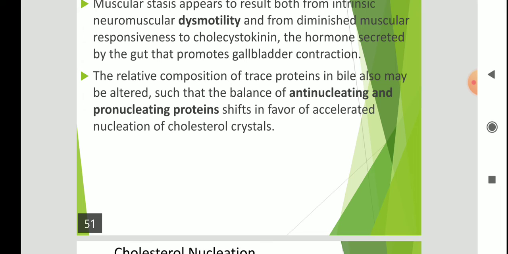The relative composition of trace proteins in bile also may be altered such that the balance of anti-nucleating and pro-nucleating proteins shifts in favor of accelerated nucleation of cholesterol crystals.